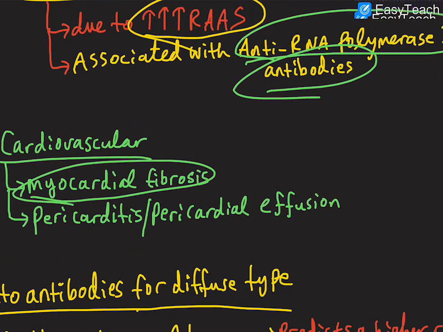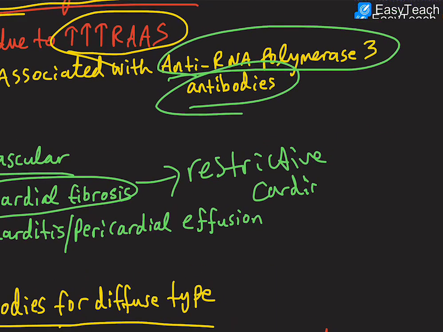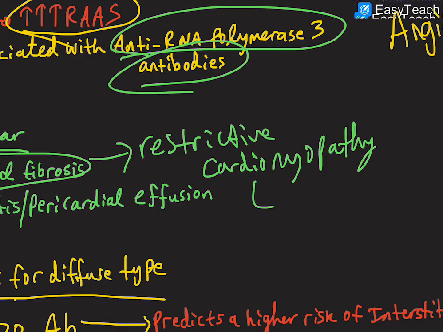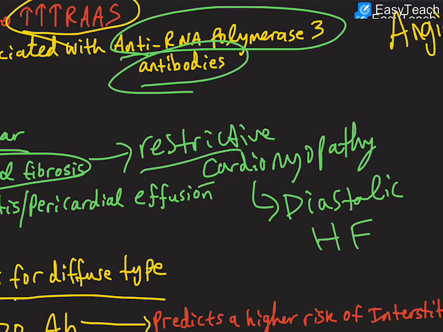If you get fibrosis of your heart muscle, this can also lead to restrictive cardiomyopathy, and this can lead to diastolic heart failure. Remember that. We'll talk about this in our cardiac playlist. But if you have restrictive cardiomyopathy, your heart can't fill properly with blood because it's fibrosed.